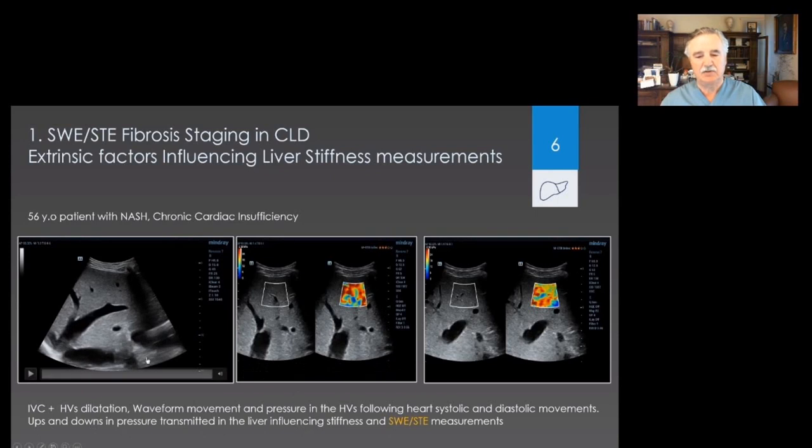In these conditions, with these ever-changing measurements of elastography, because of the changing conditions of pressure in the liver, we cannot have reliable elastography measurement. This is an extrinsic factor, the pressure in the hepatic veins influencing stiffness measurements.